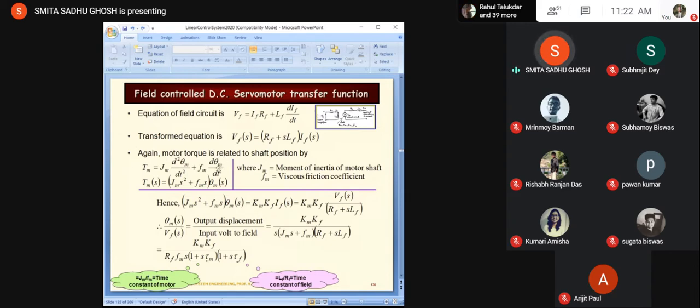So that actually brings us to this, that is when we take the Laplace transform over here, Tm(s) is equal to (Jm s square plus Fm s) theta m(s). So this is the mechanical equation. So you find that a relation between the torque developed and the angular position of the shaft of the motor, that is what we have got over here.